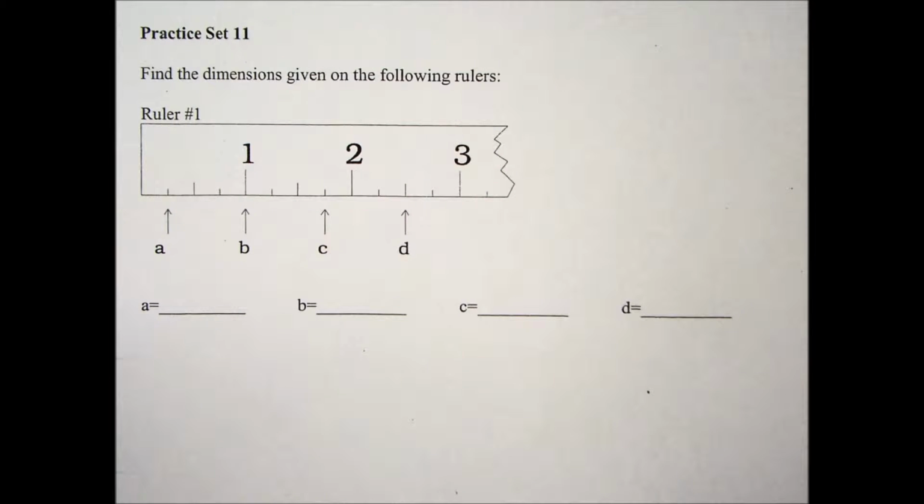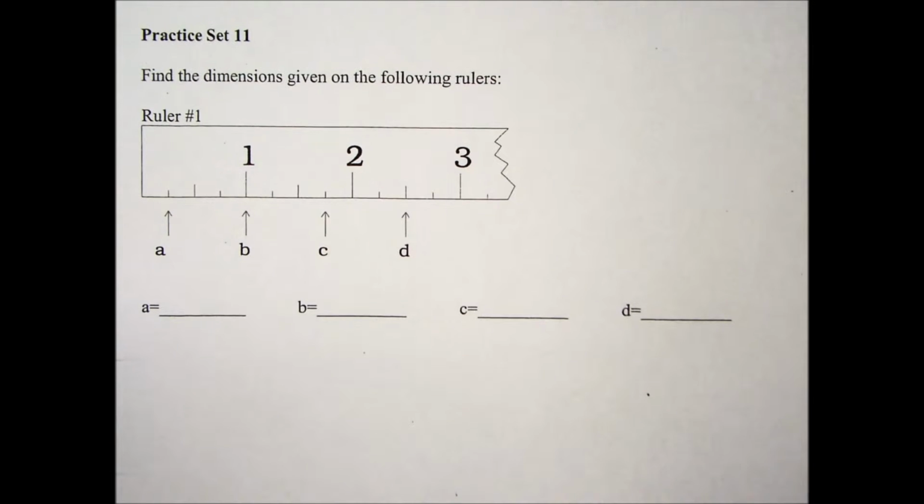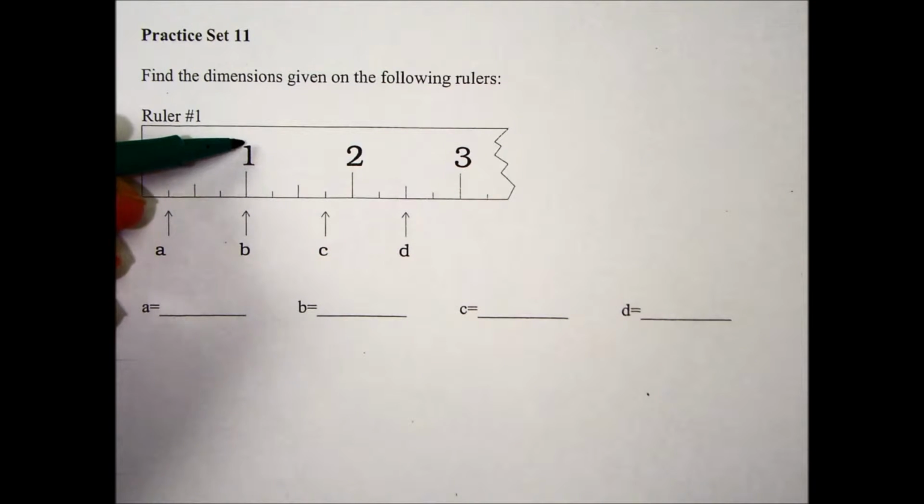Practice set 11. Find the dimensions given on the following rulers. First, we need to determine the scale by looking between any two long vertical lines which represent an inch. So on ruler number 1, we have 1 and 2, and we're looking at the number of divisions.